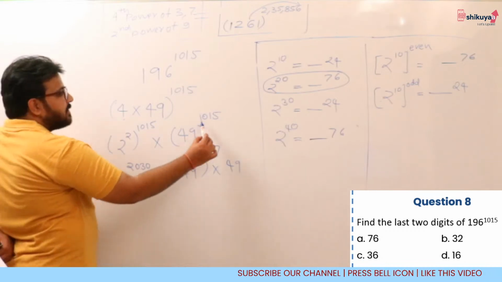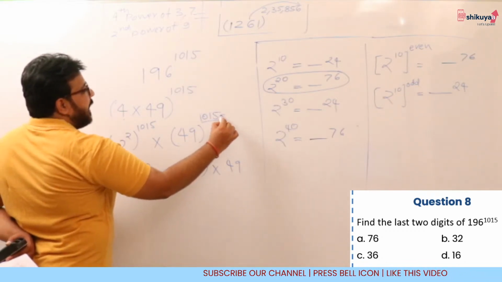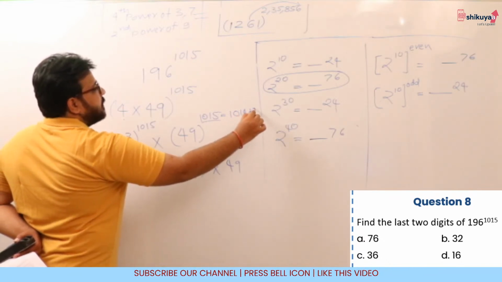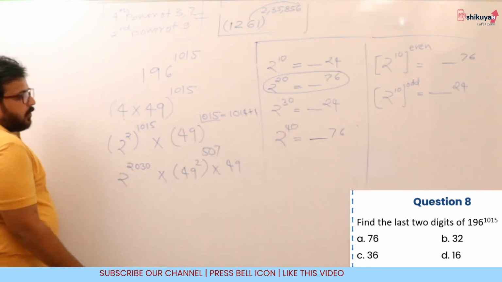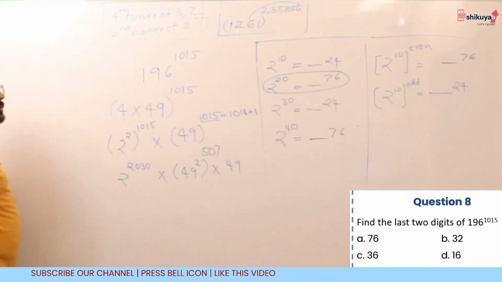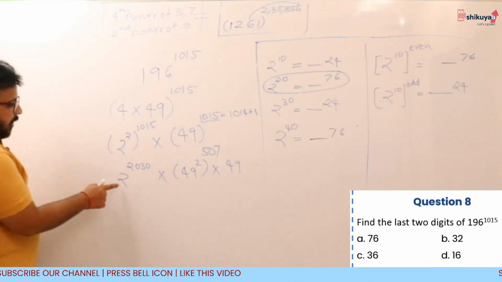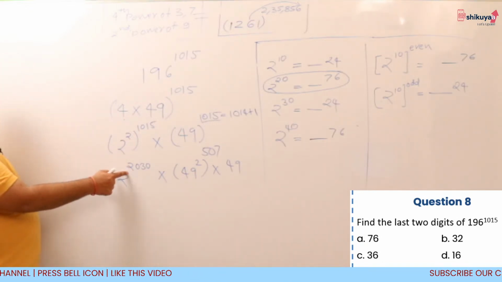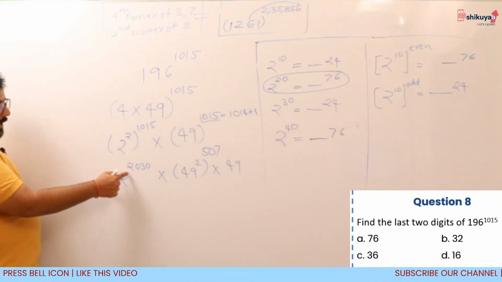Because what I have done is I have split this as 1014 plus 1. So 507, double that, you will get 1014 plus 1. Now you know this is 2 raised to 10 raised to odd. Correct?